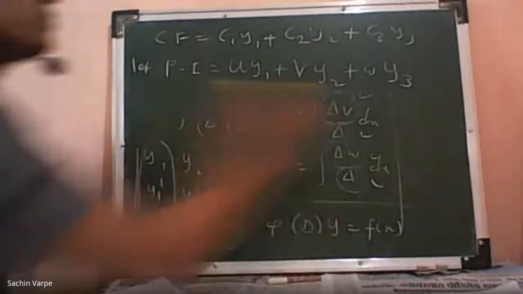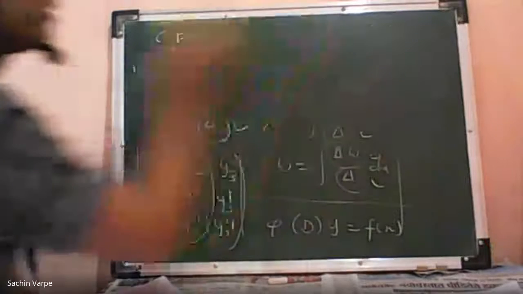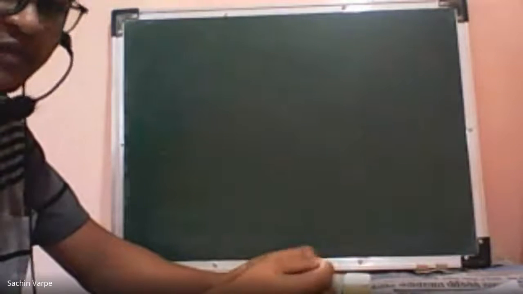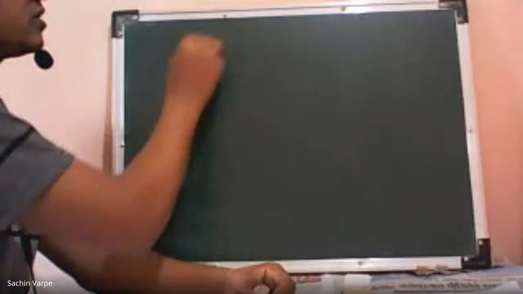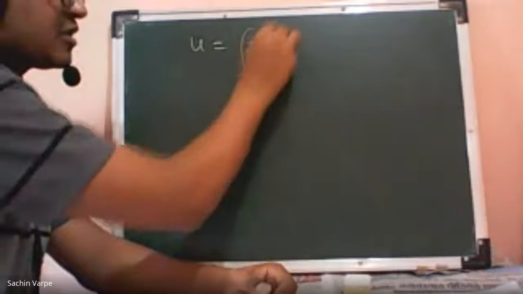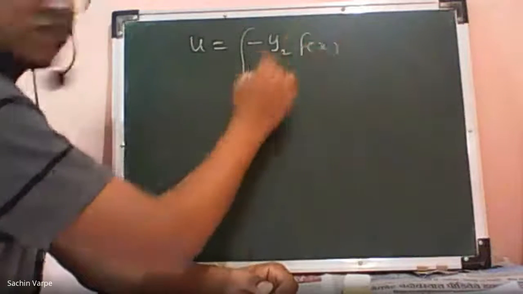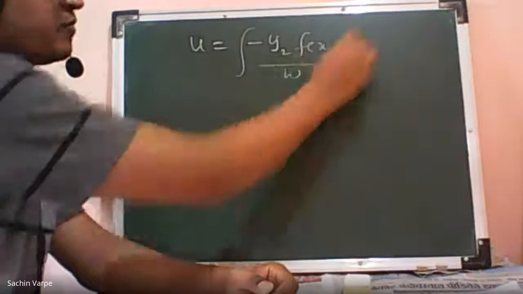Let me again recall that the method of variation of parameters completely depends on the complementary function. We start with the complementary function, then we assume the particular integral to be u y1 plus v y2, where the formula of u is the integration of minus y2 f of x upon the Wronskian.